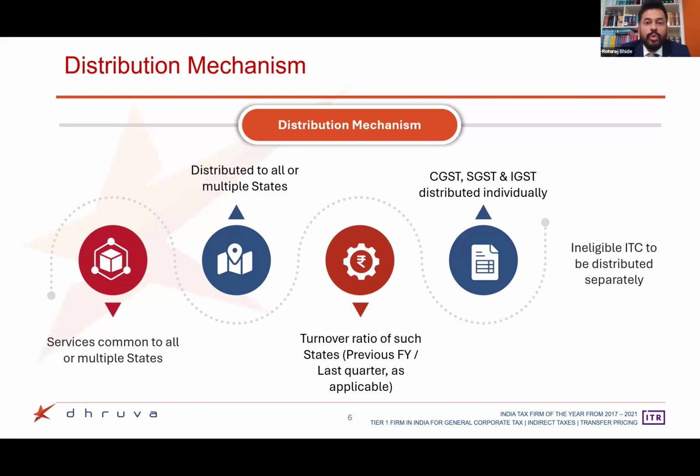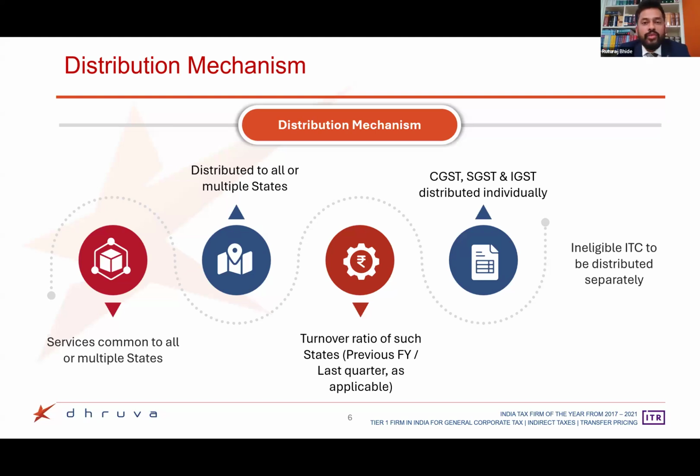That will have to be looked at on a case-to-case basis. But basically, all the common services which are being received, I have to ensure that I get those invoices in my ISD registration, and then I have to allocate or distribute that credit to the relevant registration.